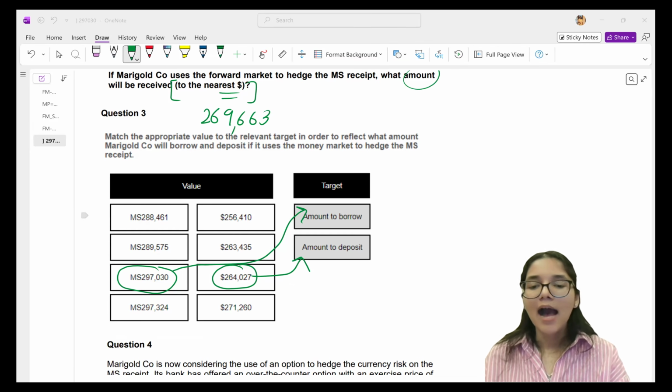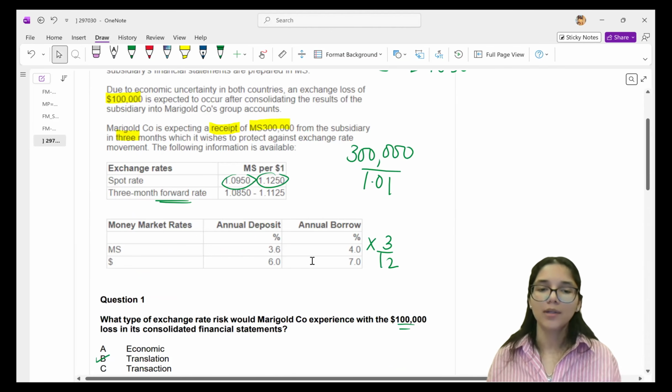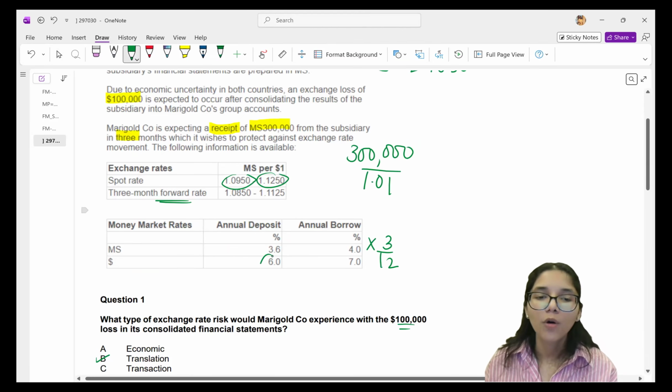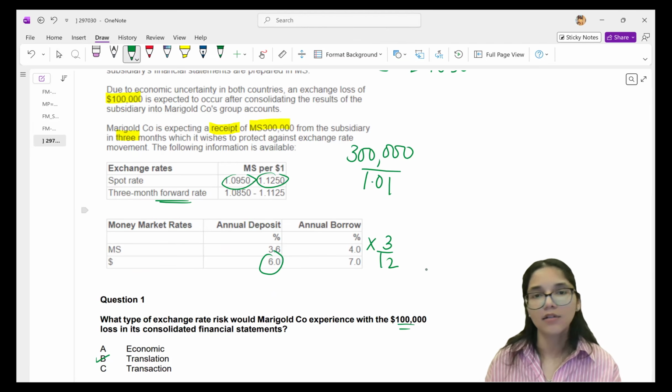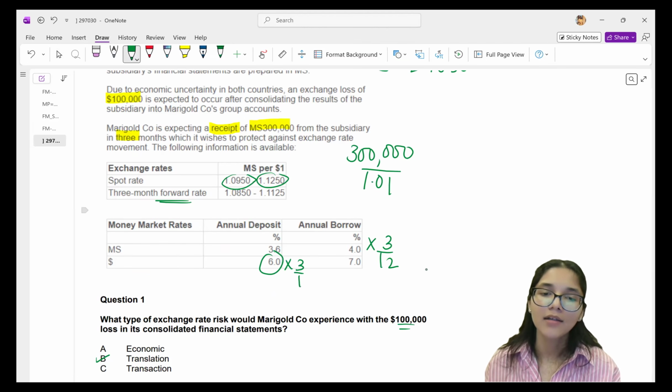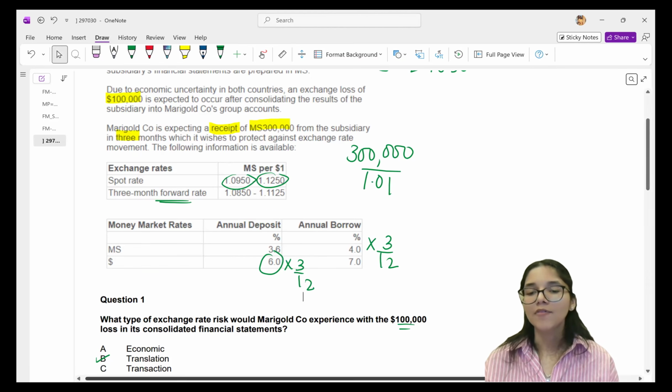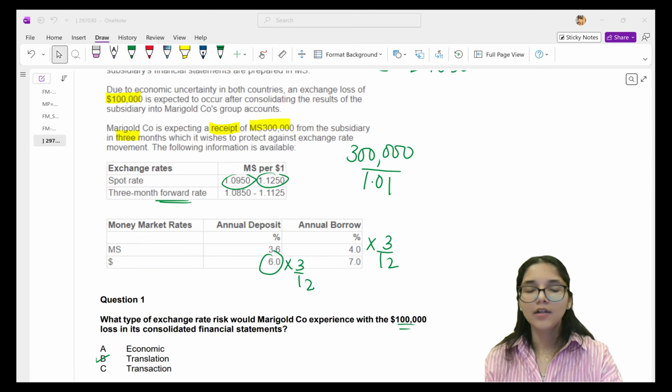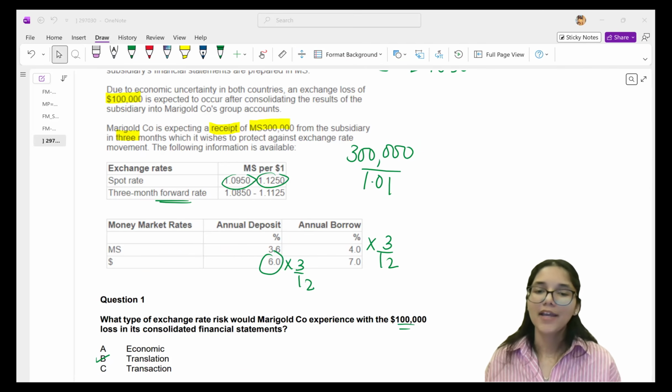I will see how much interest is being received on a US dollar deposit. So you can see for the whole year, 6% interest is paid on deposits in the dollar currency. So for a period of 3 months, I will be multiplying by 3 by 12. So 6% times 3 by 12 is going to give you 1.5%.